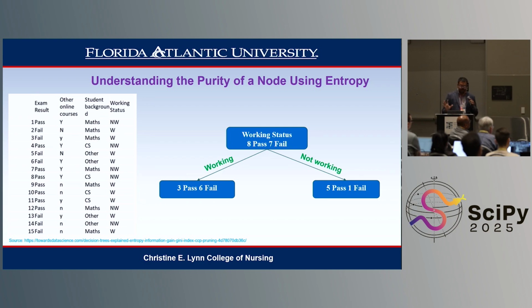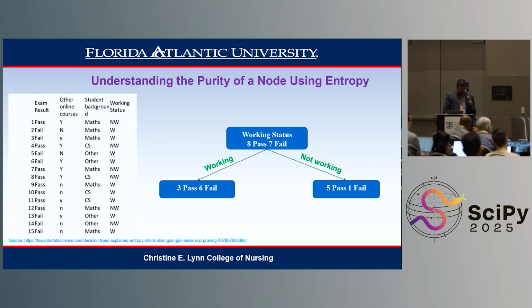And there's an estimation that we can do to quantify that aspect of mixing and node purity. So here's a toy example that we are going to use to specifically quantify this concept of node purity using this mathematical term called entropy. So you have a distribution of 15 students who have a certain status.